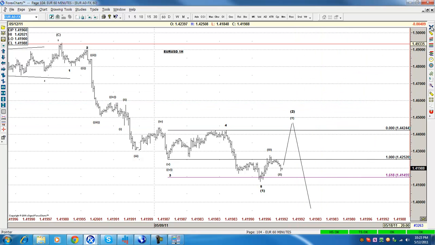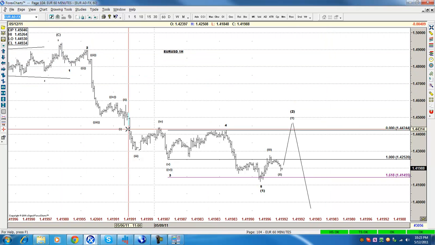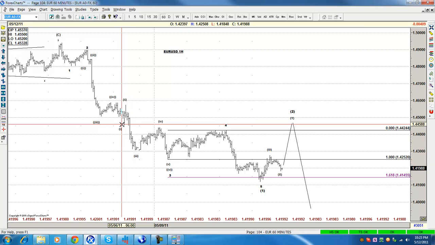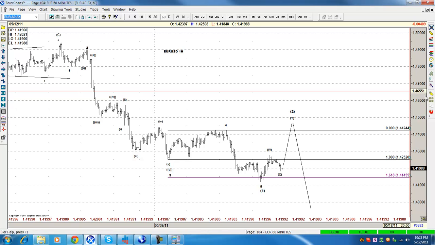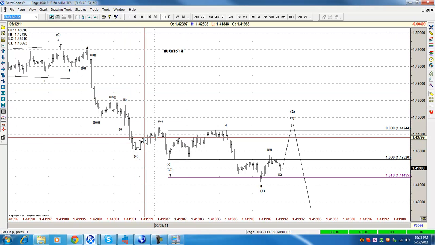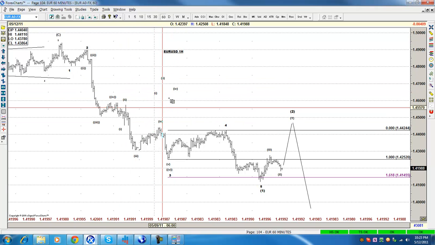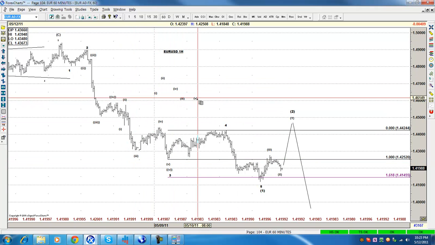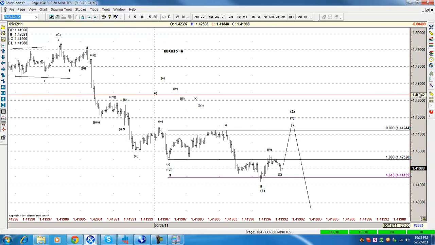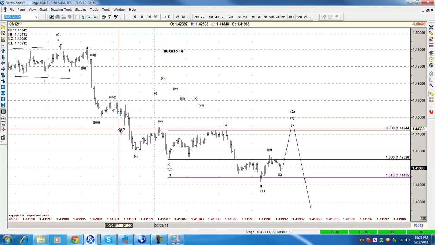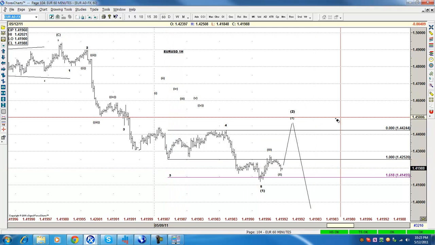The second scenario is the same result. We need a correction. The only difference is that instead of being wave 3 and being part of wave 5, this is wave 3. Let me put it to you so you guys can see it really fast. And it goes, this being 3, that's how it goes.